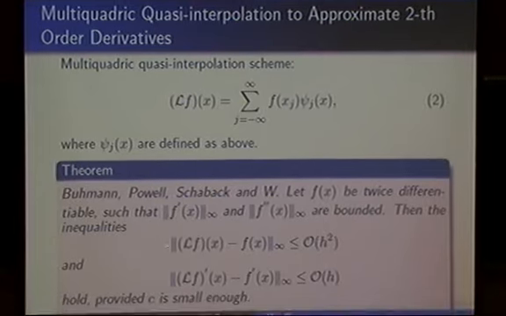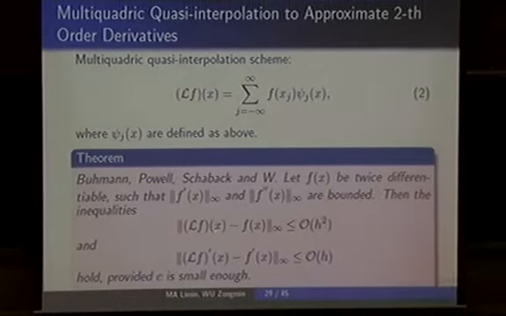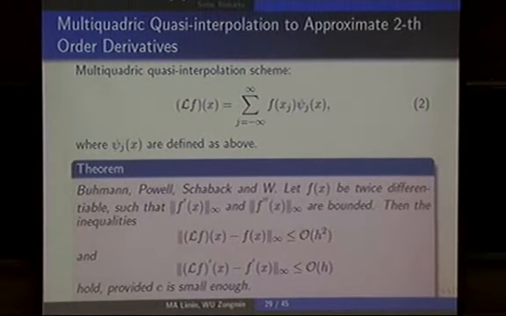For the MQ quasi-interpolation, the error estimate is of order h squared, and this is by Ma and Wu, and for the derivatives it is big O of h. It is just the usual result.